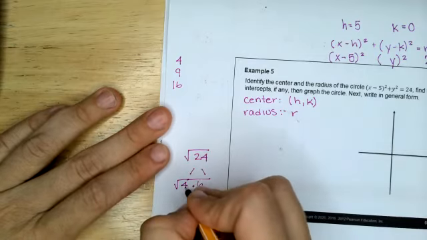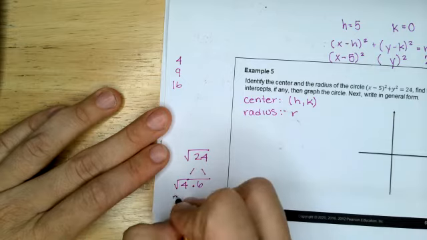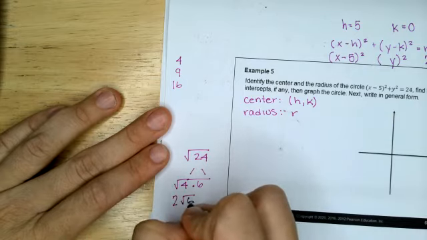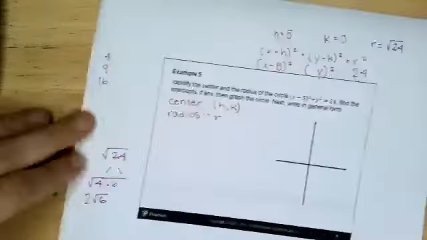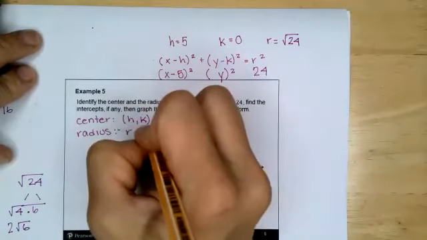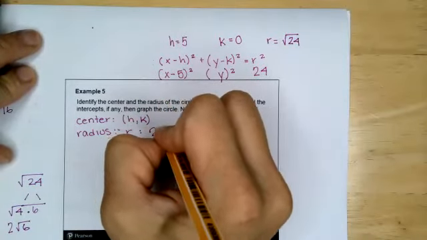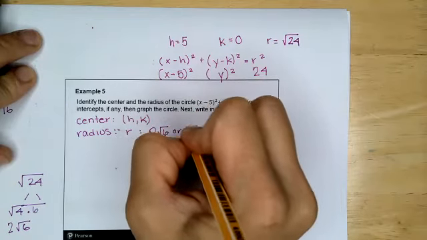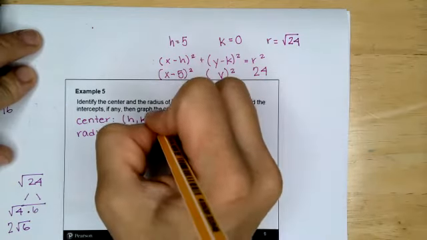The square root of 4 is 2. So I can also call that 2 square root of 6 as my radius.